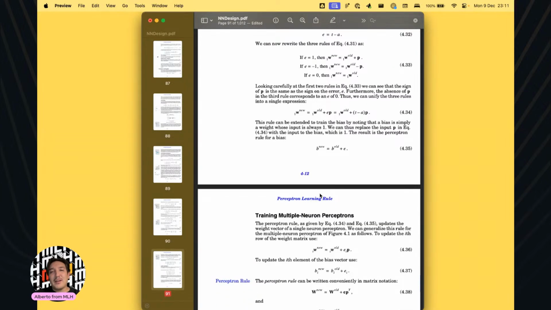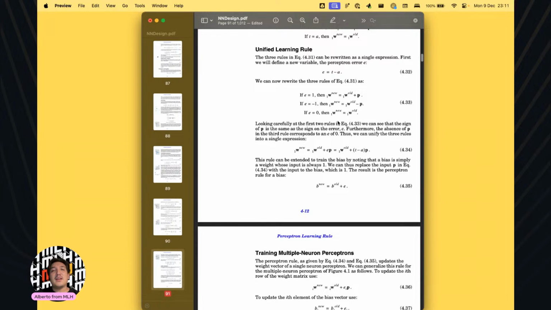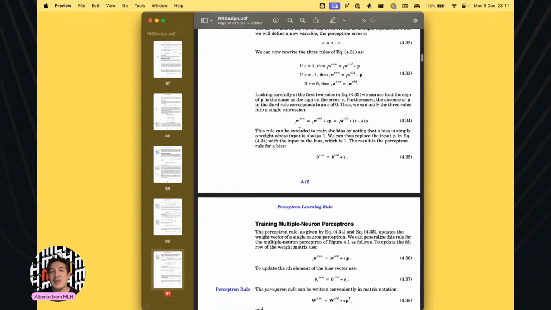But finally, we wrap up these three different rules in just one simple expression. The new or the latest weight matrix, that's the one we're looking for, will be equal to the old one plus the error times the vector.